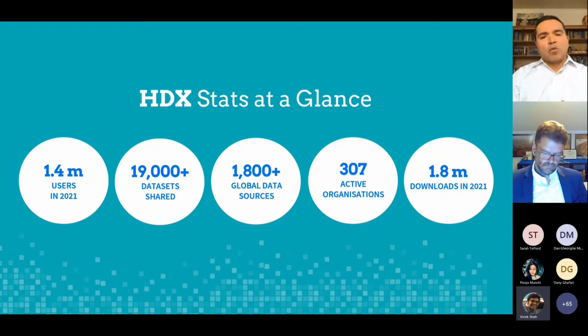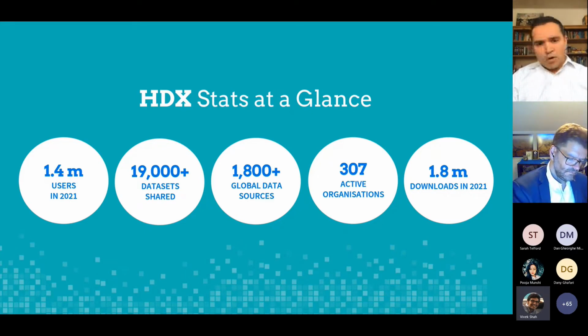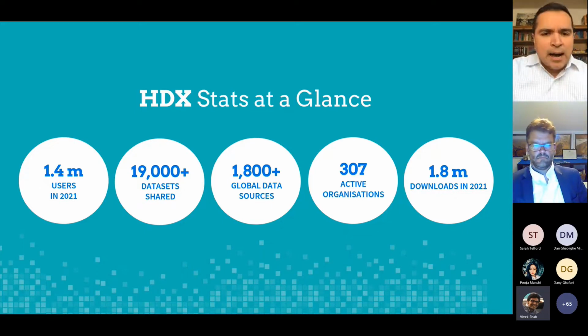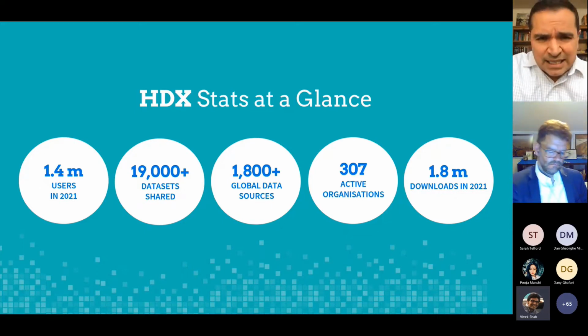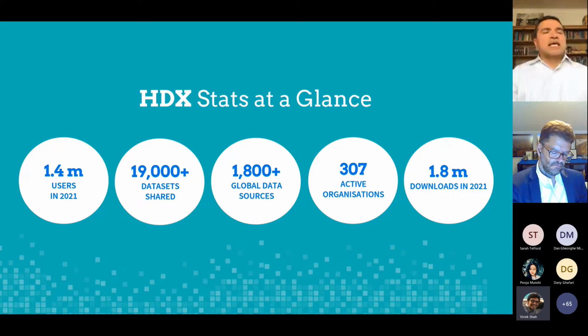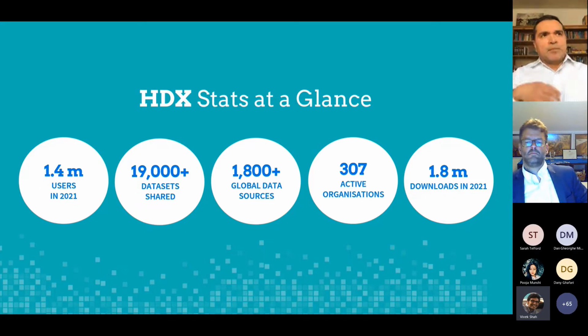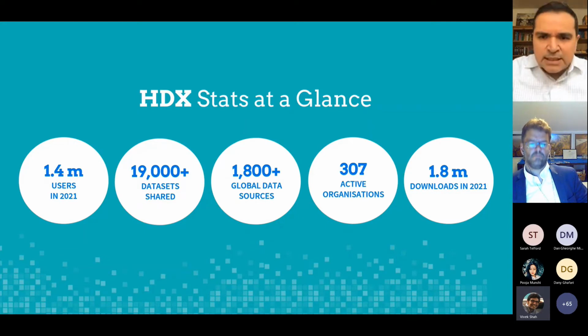And the resources on HDX have been downloaded a little more than 1.8 million times. So that's also a nice statistic that allows us to say, yes, things are working, people are coming to the platform, reviewing the data sets, getting insights using the quick charts, but also downloading them to use for analysis. Next, please.